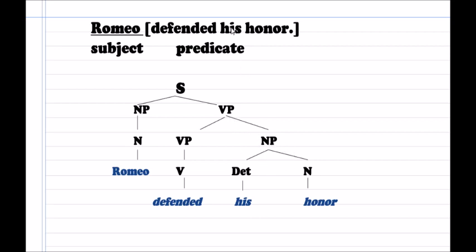Why? There are these words, his honor. That is a noun phrase under the verb phrase. There is a determiner, which is his, and a noun, which is honor. So that is how you diagram a sentence in a tree diagram structure.